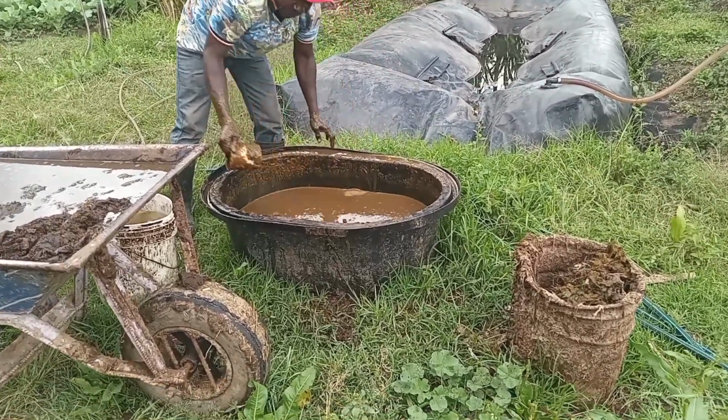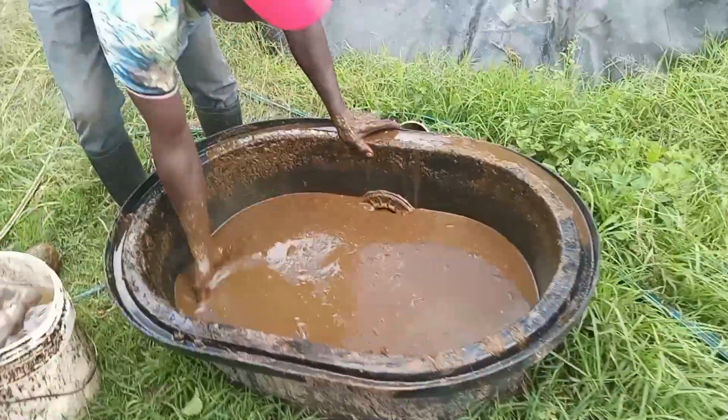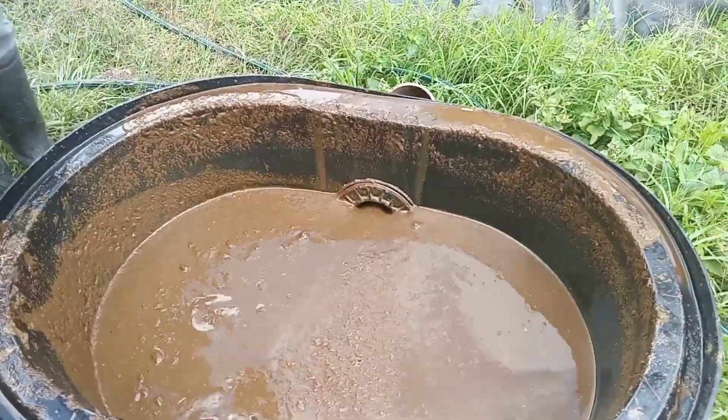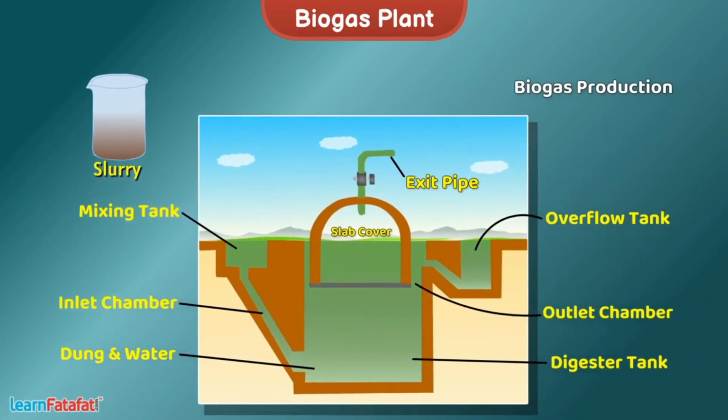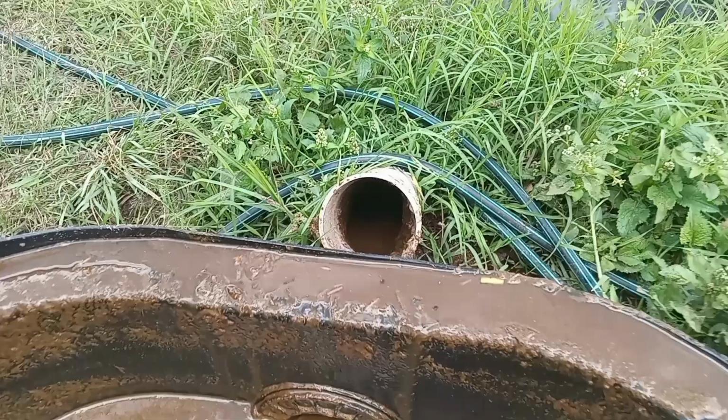Then when the mixing is done, carefully the slurry is fed into the digester tank through the inlet chamber, this way.